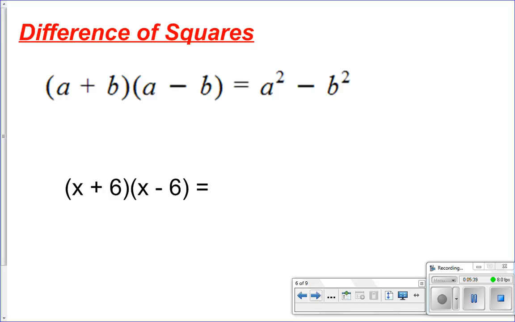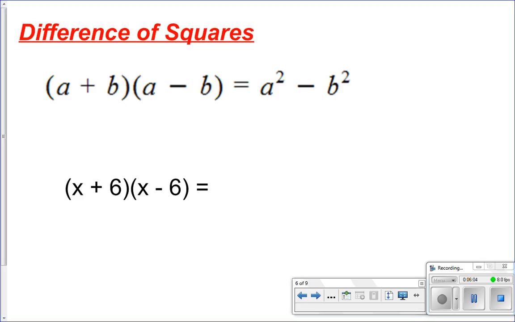The difference of squares. This one is actually very helpful in math. It's whenever you have two binomials, and notice it's a plus b times a minus b. That's equal to the difference, so subtraction, that's what difference means, of squares, a squared and b squared. So it's a squared minus b squared, the difference of squares.